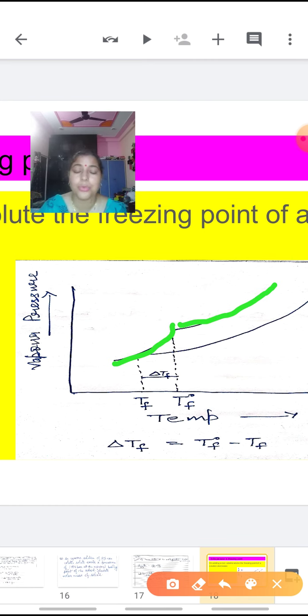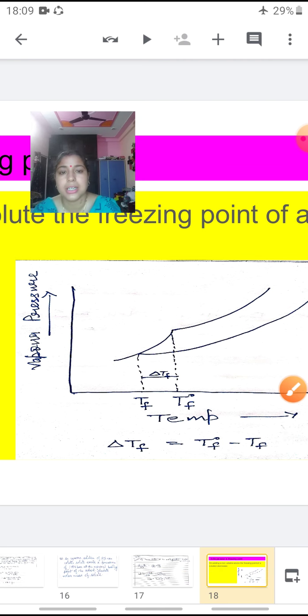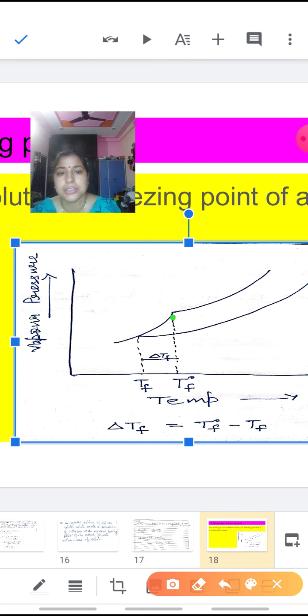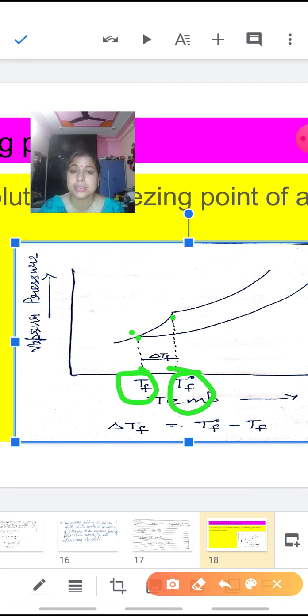The pure solvent's vapor pressure touches the frozen state here. That means this is the freezing point of the pure solvent, which we have denoted by T naught F. And if a non-volatile solute is added to it, then the vapor pressure becomes less, so it touches the frozen state here. So this will give you the value of TF. TF is the freezing point of the solution.